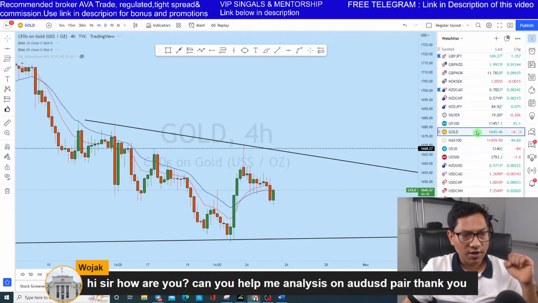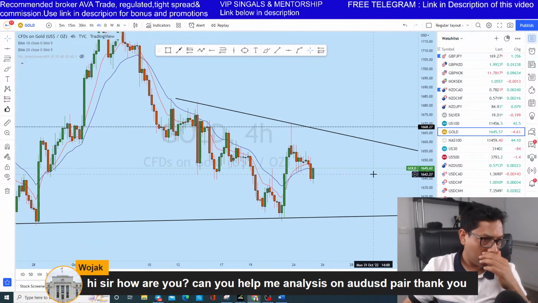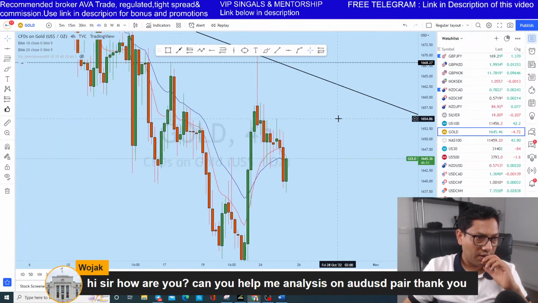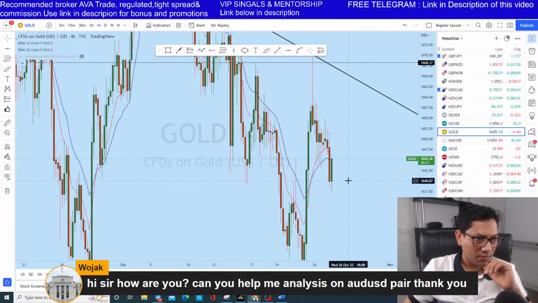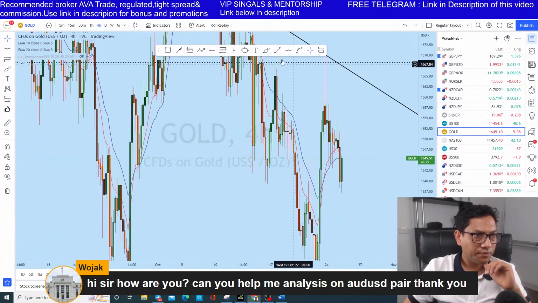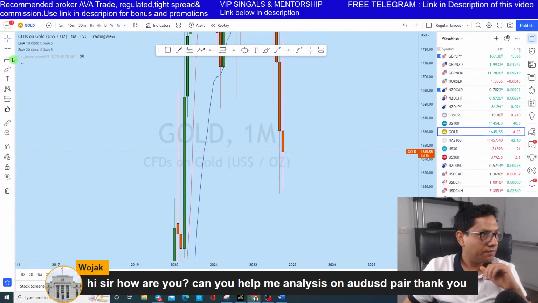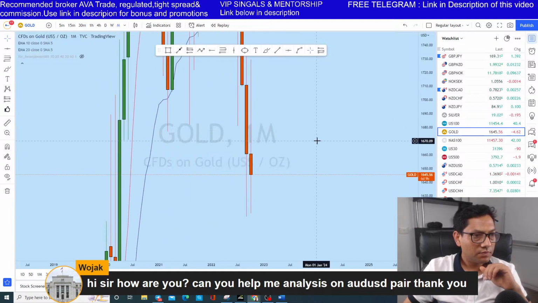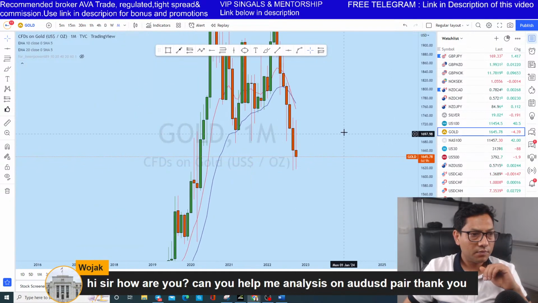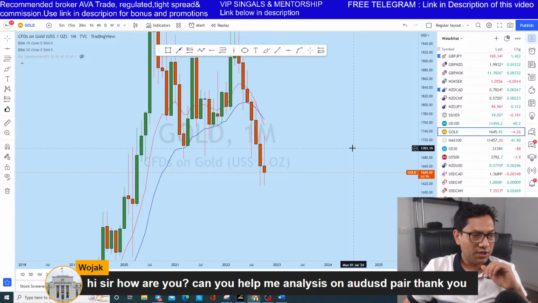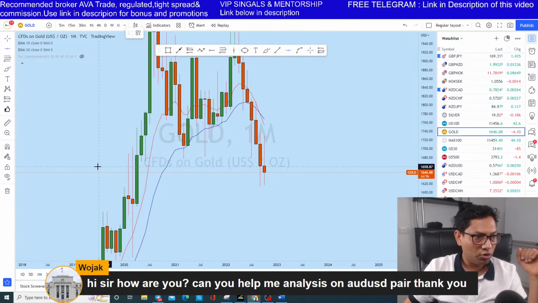So let's look at gold now. As I mentioned, from this level of support, if you look at the bigger picture on gold, we see that gold, from the monthly support, this is the monthly support zone.